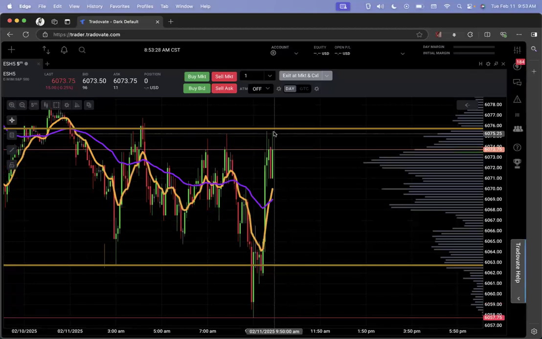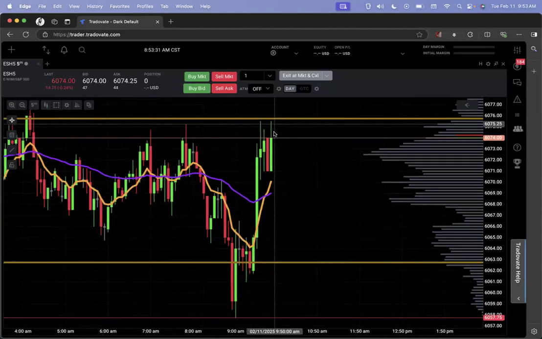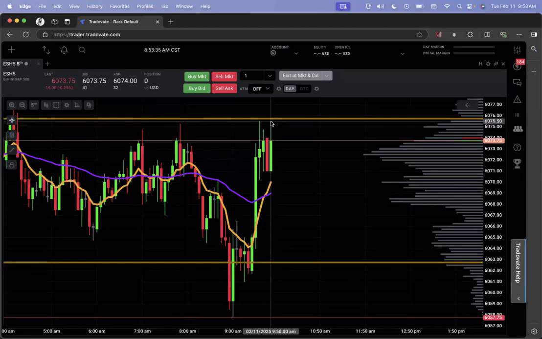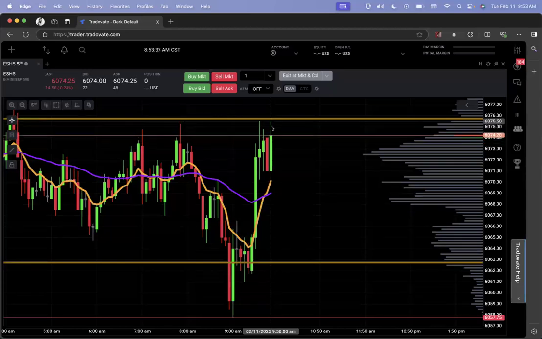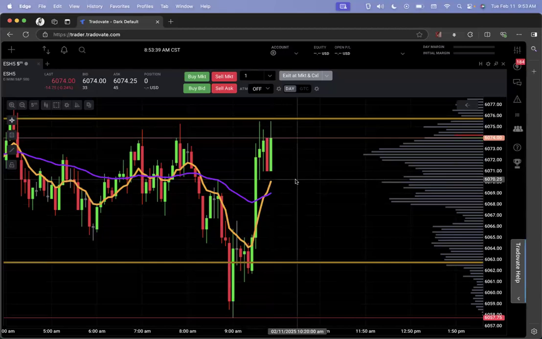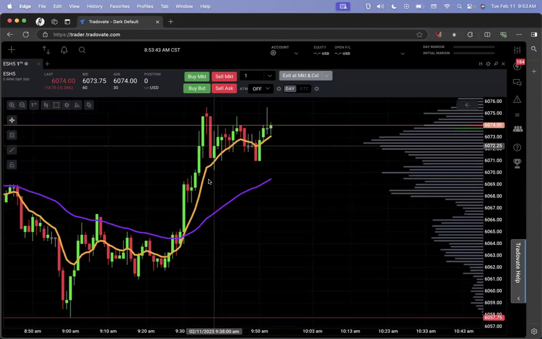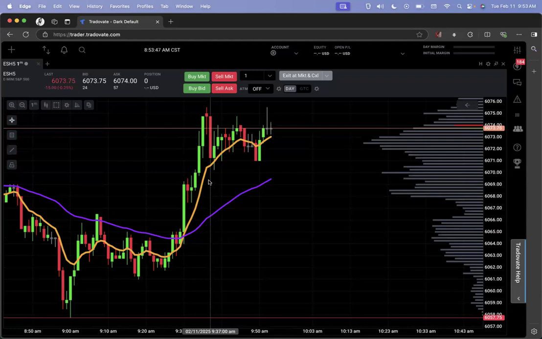We just touched it and came down a bit here. Almost. But yes, this looks like a setup for an inverse head and shoulders to the upside.